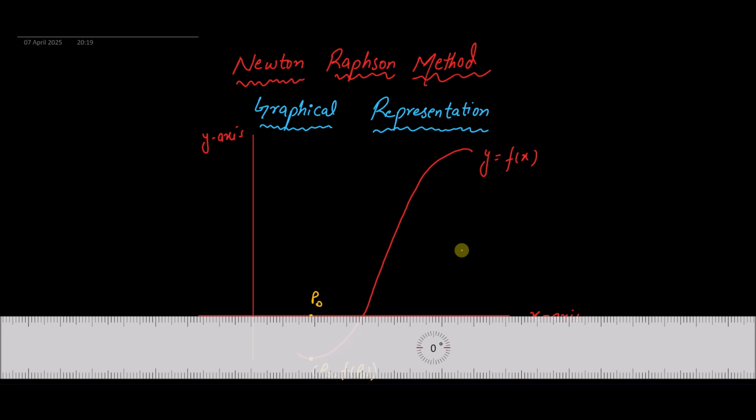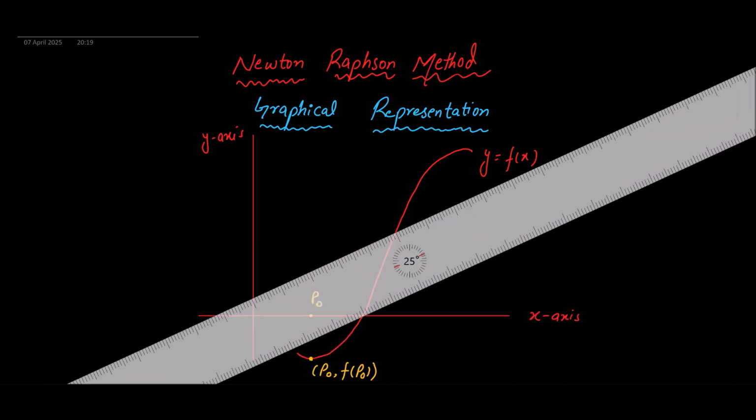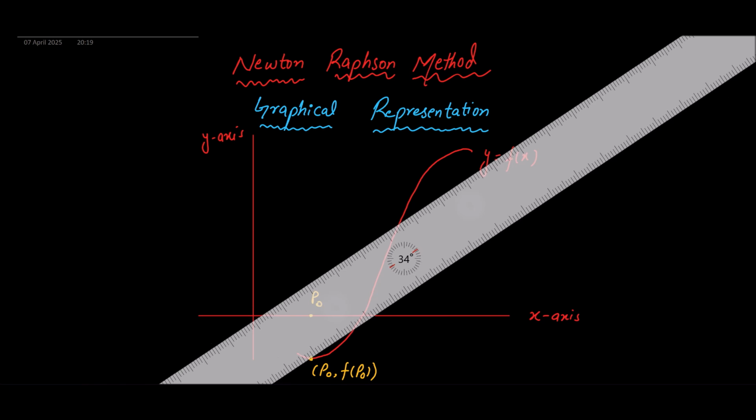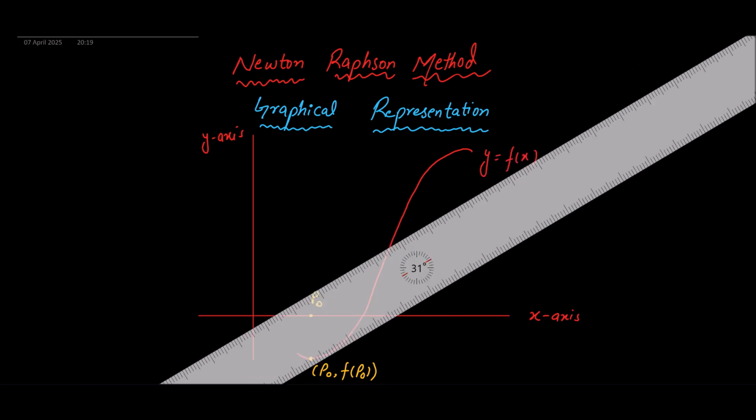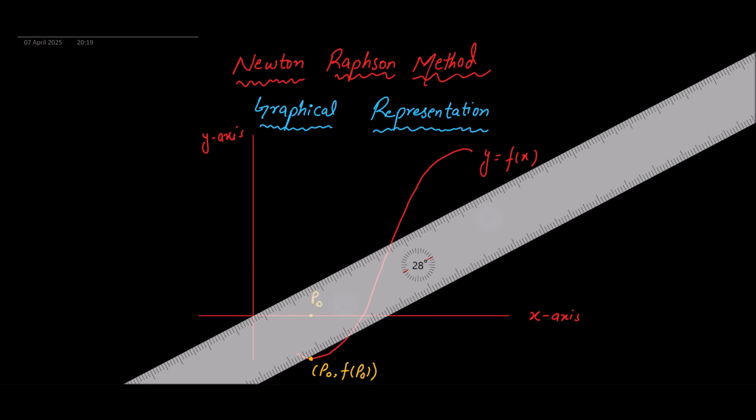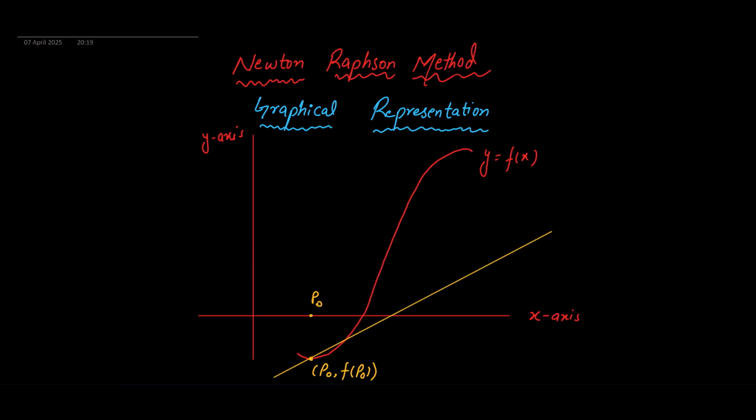Again, we use a scale here. So we draw a tangent line to the curve at this point, and the slope of the tangent line is the derivative of the function at P naught, denoted by f prime P naught, and we call it slope.